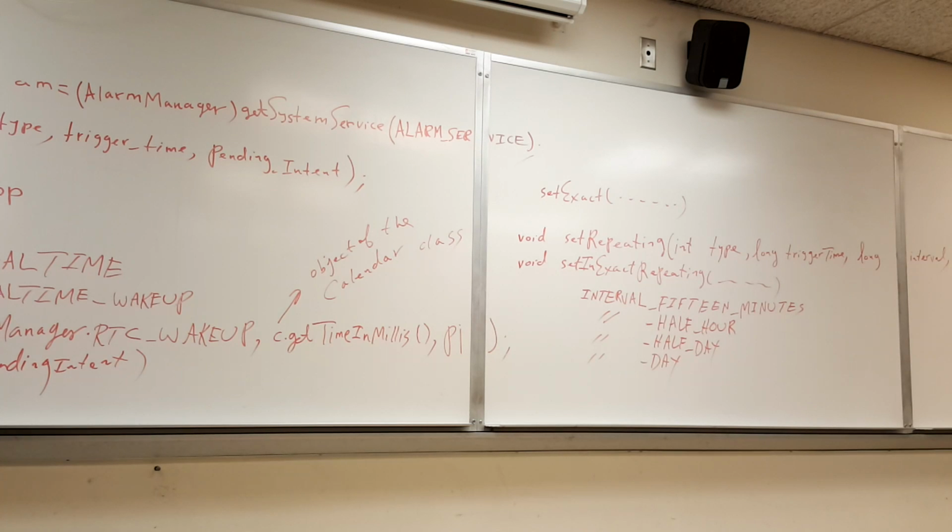Now, I'm going to give you a complete example later. Let's learn how to set up a time. I said normally we are using the Calendar class, right? Let's learn how we set up a time to be used in our AlarmManager. The very first thing you need to do whenever you want to set up a time is create an object of the Calendar class.